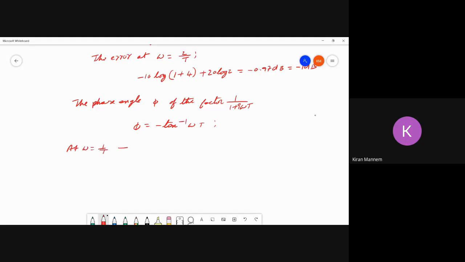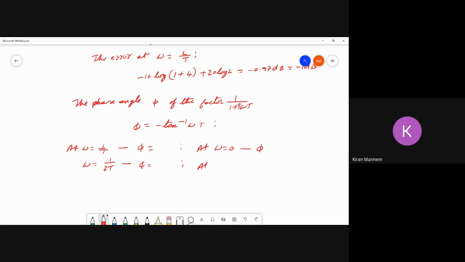So what's the phase angle? And at omega equal to 1 by 2t, what's the phase angle? I'll write it here. And again, at omega equal to 0, what's the phase angle?